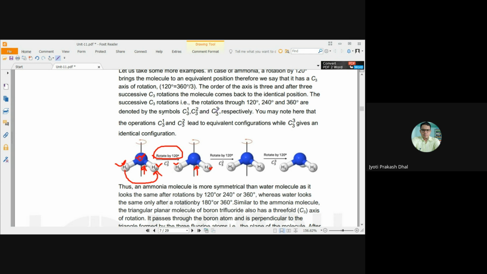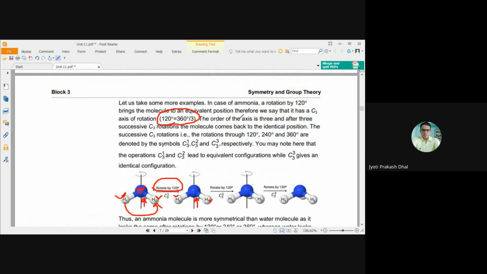Hence, 120 equals 360 divided by 3. That's why it is called a three-fold axis of rotation for the ammonia molecule.